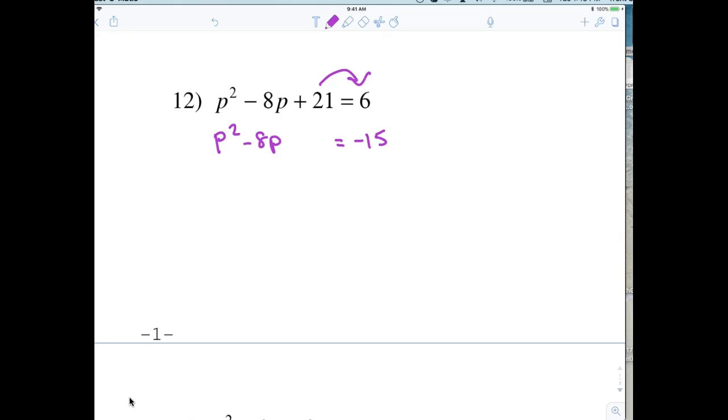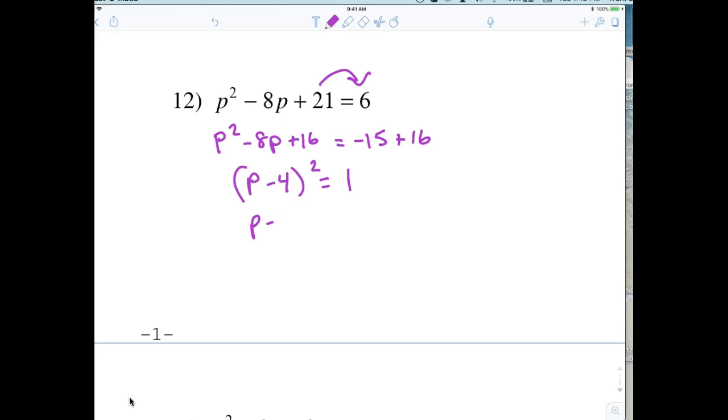Now half and square. Half of 8 is 4, then squared, 16, right? So we'll do plus 16, plus 16. So that factors to what? Exactly.